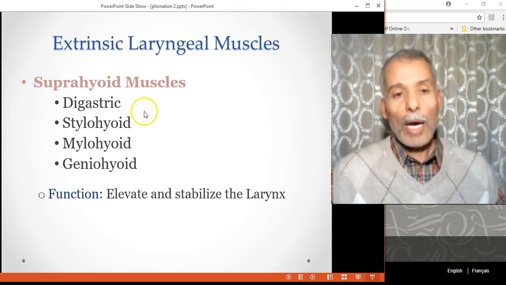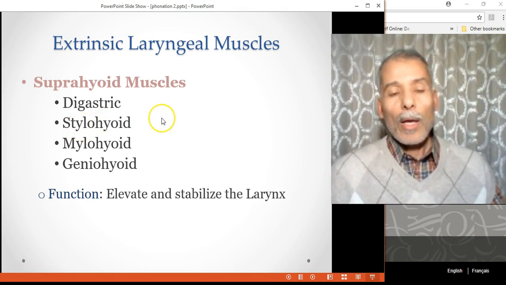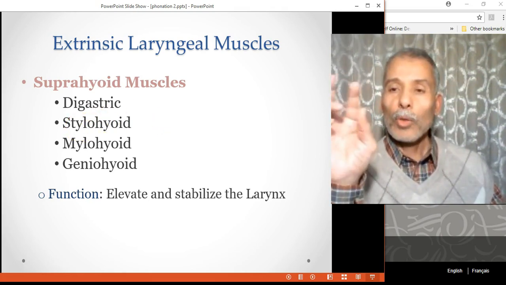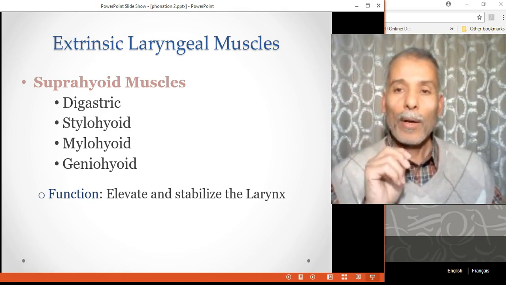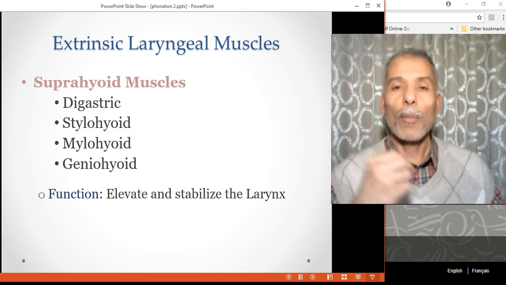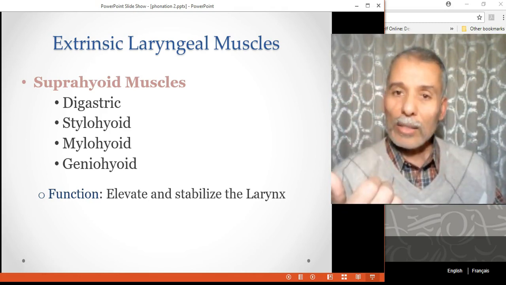So you notice now, as I mentioned before, in many cases the muscle name is made out of two names combined together. The first part of the name refers to the origin of the muscle. The second part refers to the insertion. Why is this important?